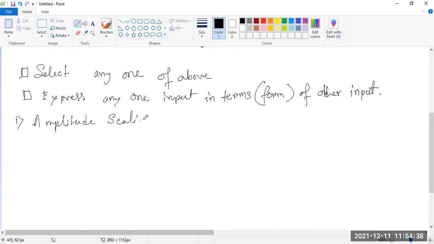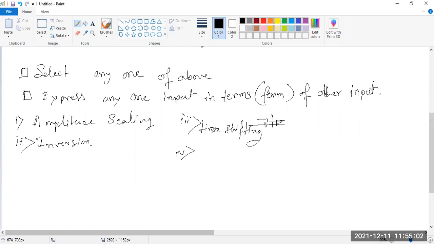Amplitude scaling. You may apply inversion. You may apply time shifting. Time shifting means moving from here to here, and so on. Here you may apply addition and subtraction.